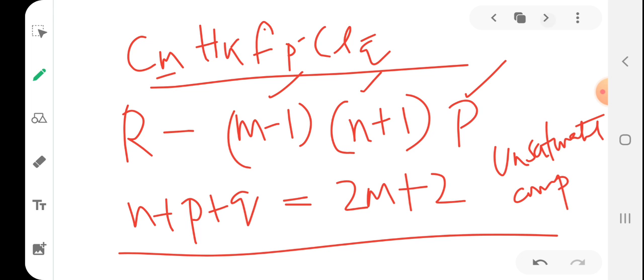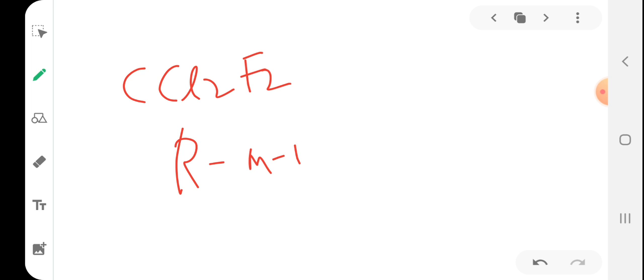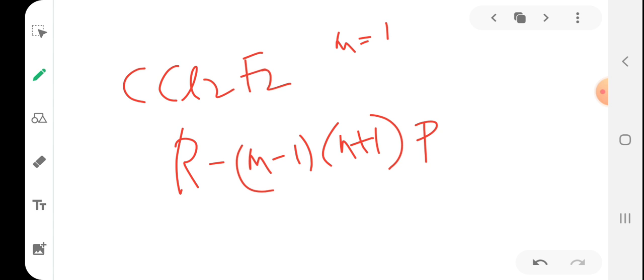Right? So suppose you have CCl2F2, dichlorodifluoromethane. How to write the designation for this particular refrigerant? You write R first, okay, and it should be m minus 1, n plus 1 and p, right? So here m is equal to 1, n is equal to 0, right?